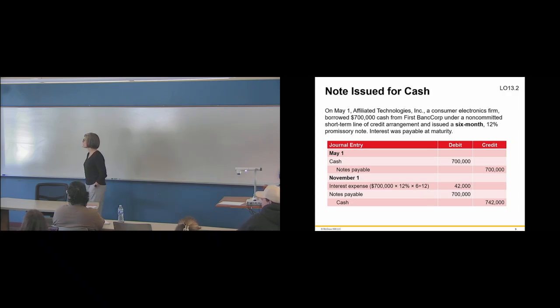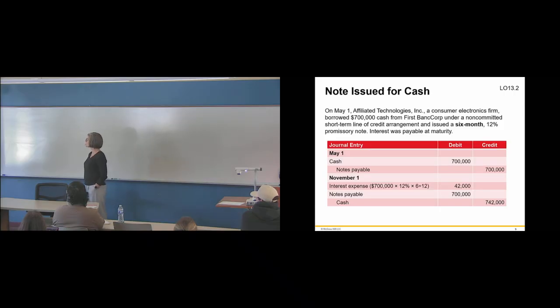Why do you think a non-committed is okay? What do you think exists already for this bank to be like, yes, it doesn't need to be formal? Yeah, there obviously is some kind of relationship or connection there, right? That they've established previously. They're not going to give everybody some kind of non-committed short-term line of credit. So obviously there's some history there.